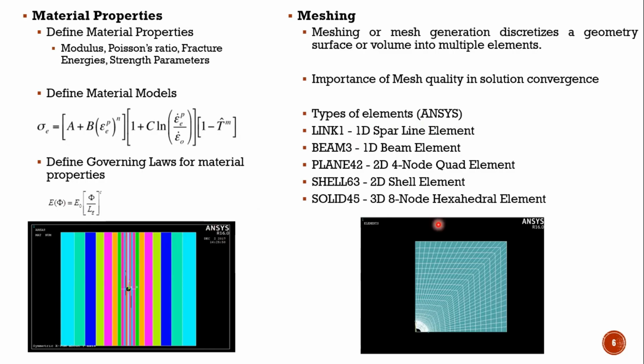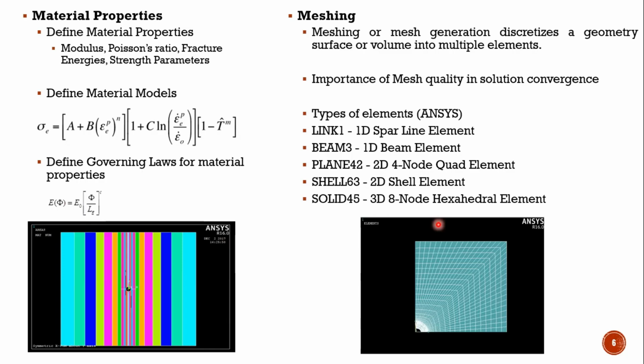That depends. If you want to go for a free mesh, you can do that as well. But if you want to control your mesh, you go for a controlled mesh, where you can give a number of seeds, number of elements, and number of nodes. In that sense, you can define your mesh.